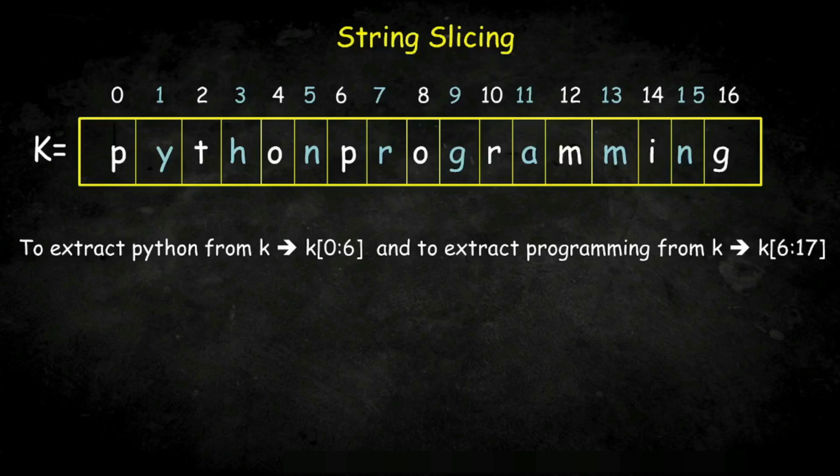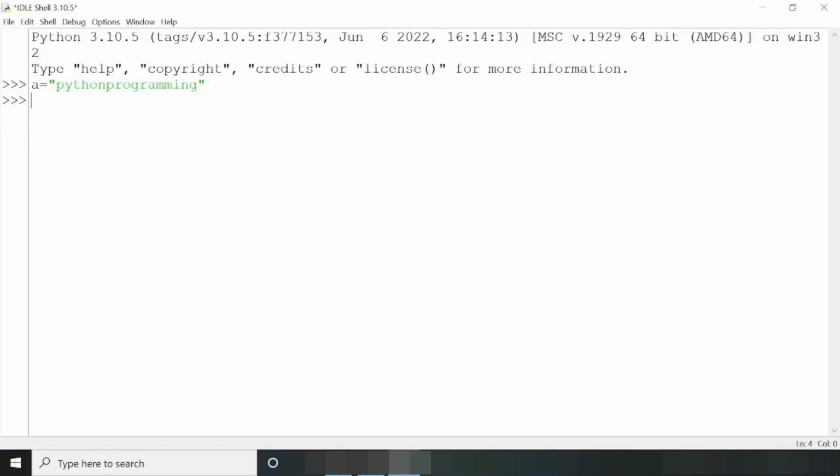Similarly, we can also extract the word programming from the string k. To do that, we need to write 6 as the beginning index, and then 16 plus 1, that is 17, as the end index. Here I have declared the word Python programming. Now if I want to extract Python from this string, then we need to write a, and then within square bracket we need to pass first the starting index, that is 0, because I want to extract Python.